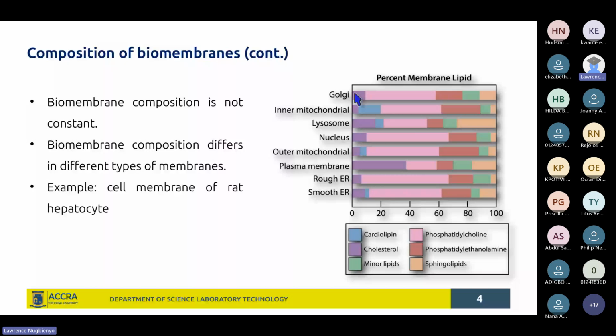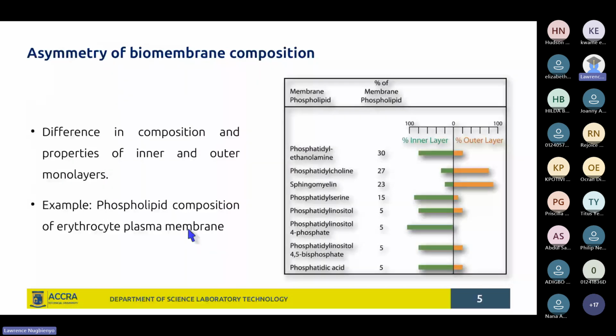Another concept, another understanding you need to get is that the biomembrane is mainly a phospholipid bilayer in which you have other components embedded. Each of the layers is a monolayer, sometimes being referred to as a leaflet.